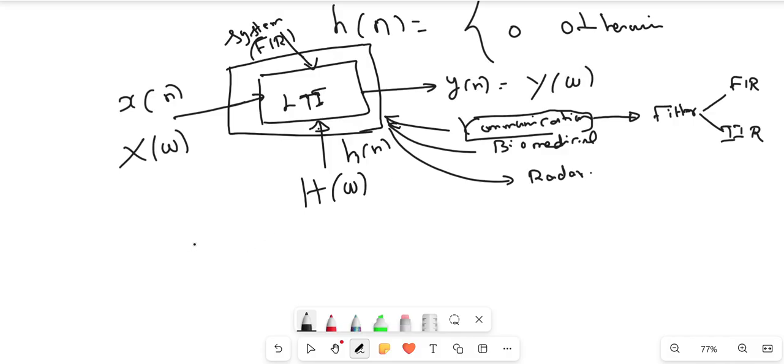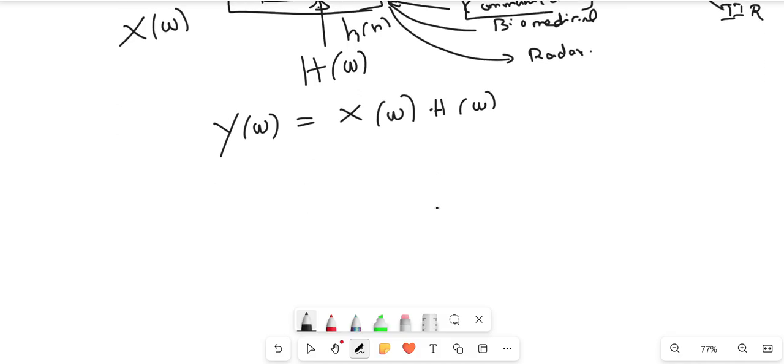So generally we know that Y of omega can be written as X of omega into H of omega, correct?